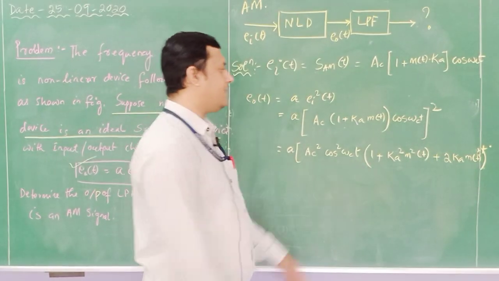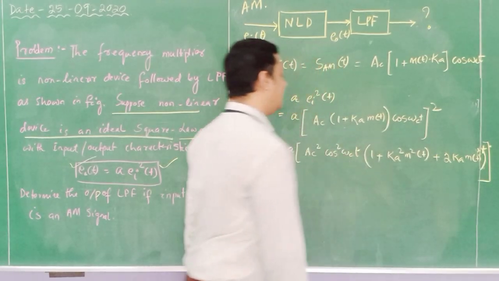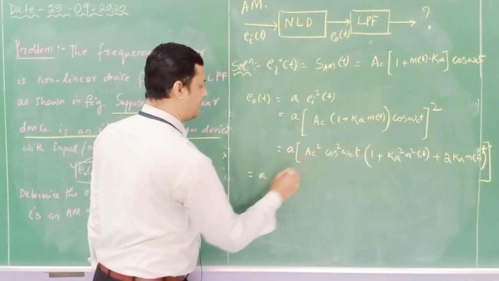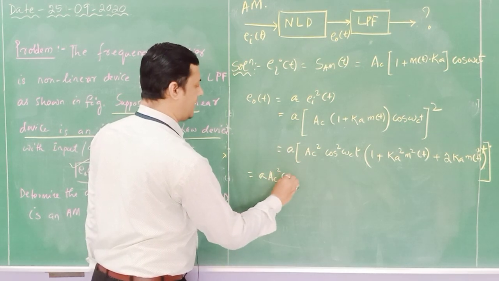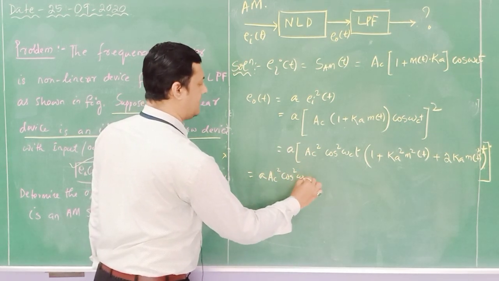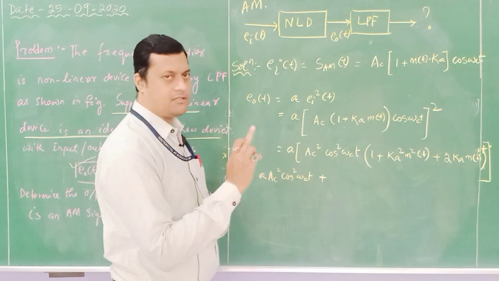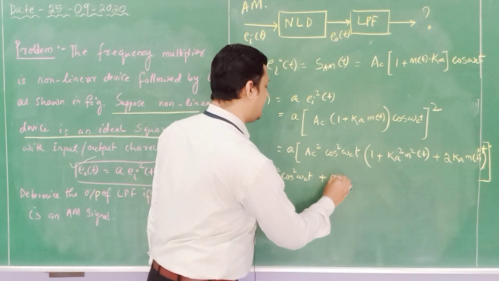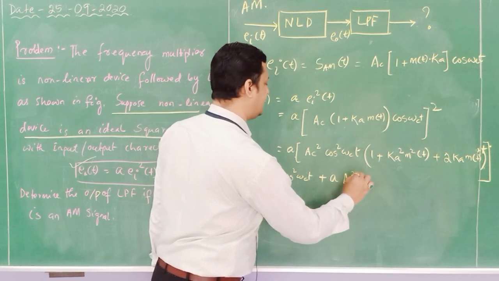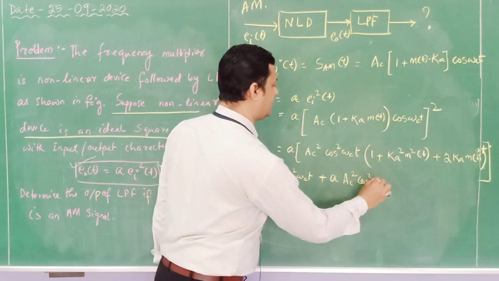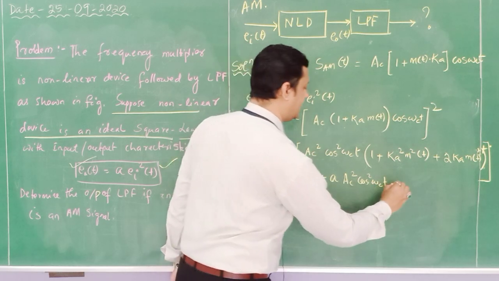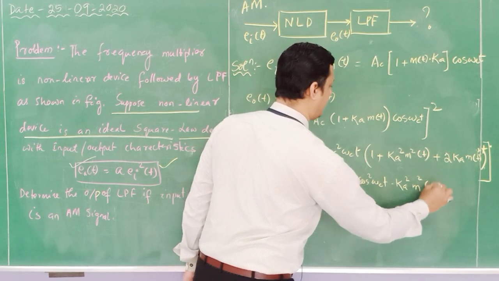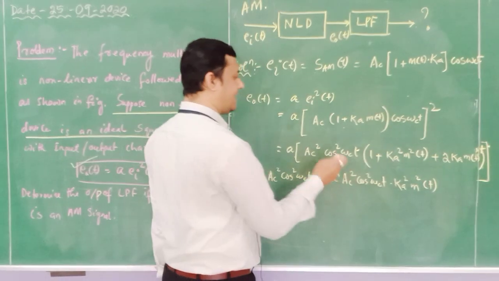Now you need to expand this whole part into certain components. The first component is A into A c square cos square omega c t. This is the first part. Second, multiplying with respect to A: A c square cos square omega c t into K a square m square of t. This is the second part.